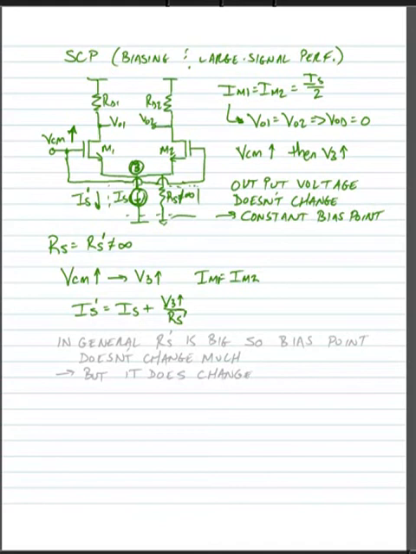Now, if we have an ideal current source, RS prime should be big. So we can say, in general, RS prime is big, so the bias point doesn't change much.